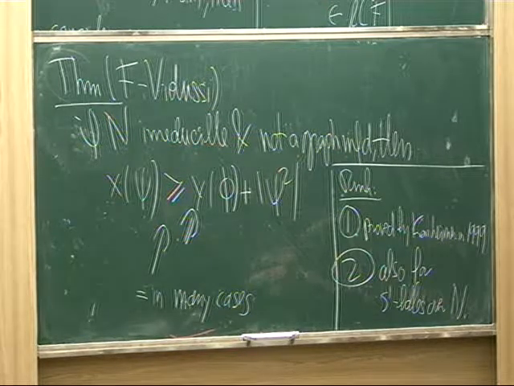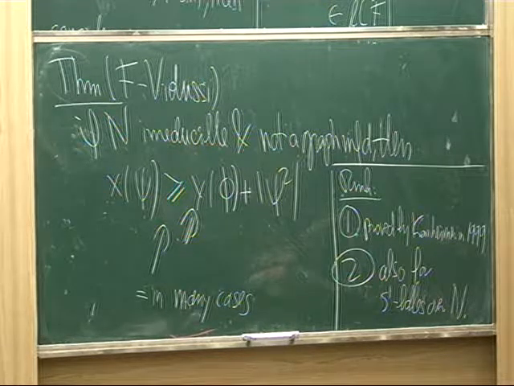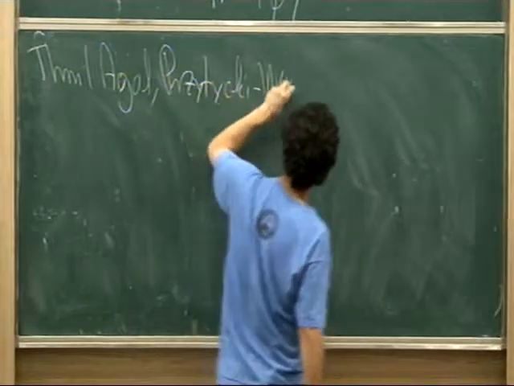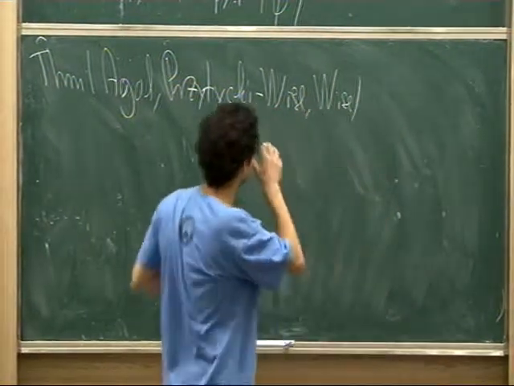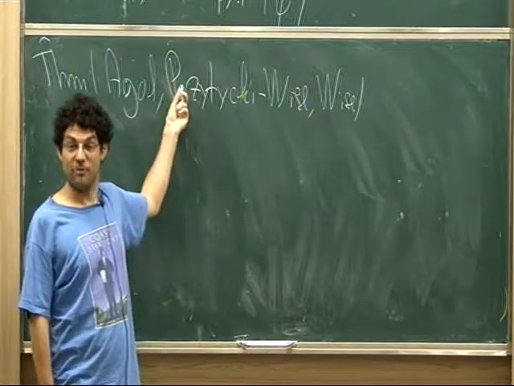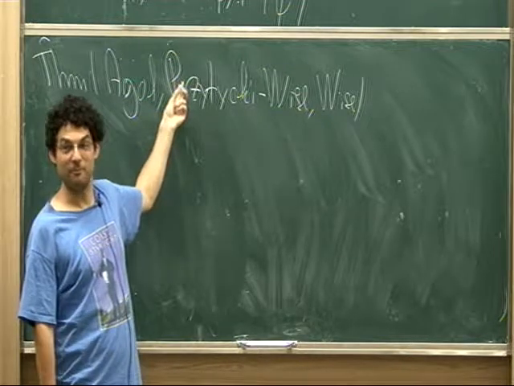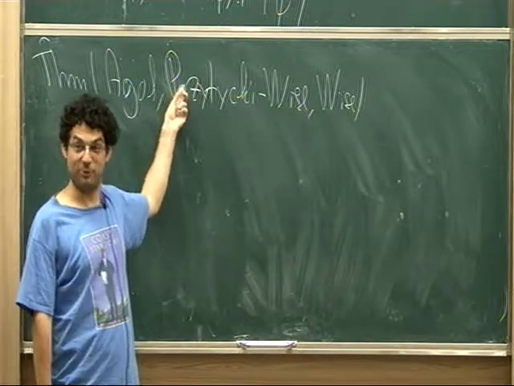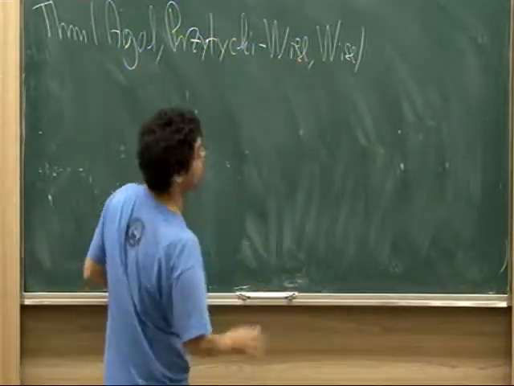The theorem is due to Ian Agol and Przytycki-Wise, and in many cases we need it due to Wise. If you don't know Przytycki yet, there are two Przytyckis, so one has to be careful. There's Józef Przytycki, a knot theorist, and a very clever nephew called Piotr Przytycki. And what they proved is the following.